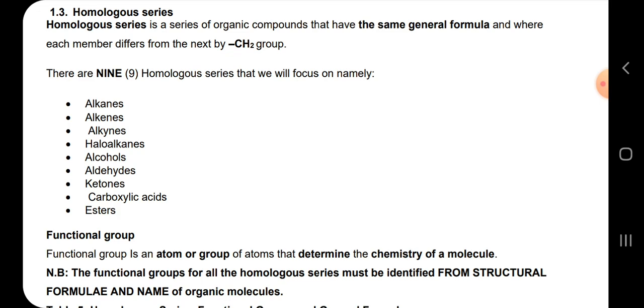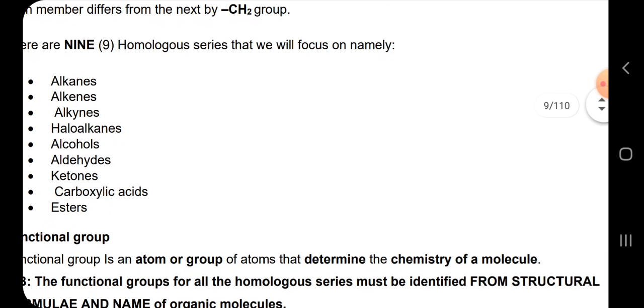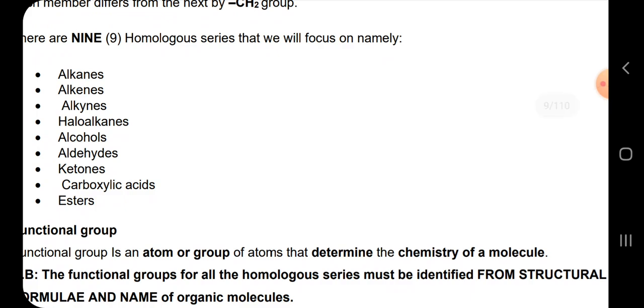Okay, as you can see here, we have alkanes, we have alkenes, we have alkynes, we have haloalkanes, there's alcohols, there's aldehydes, there's ketones, there's carboxylic acids, and esters. So when you ask what are the 9 homologous series, these are the ones.